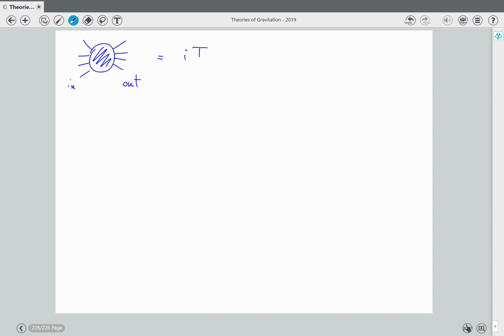And the optical theorem will tell you that this object, actually this is an identity that holds diagram by diagram, if we want, but anyway, plus its conjugate. So this is IT plus its conjugate, which is minus IT dagger.